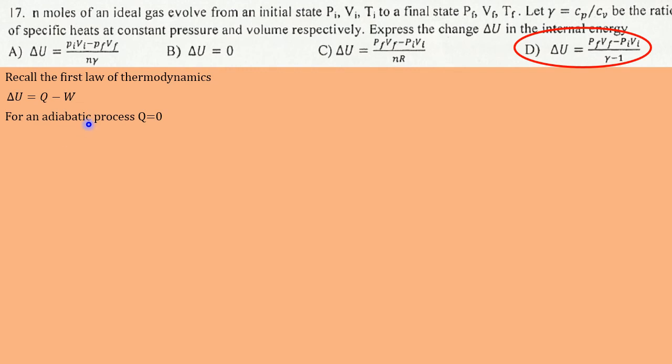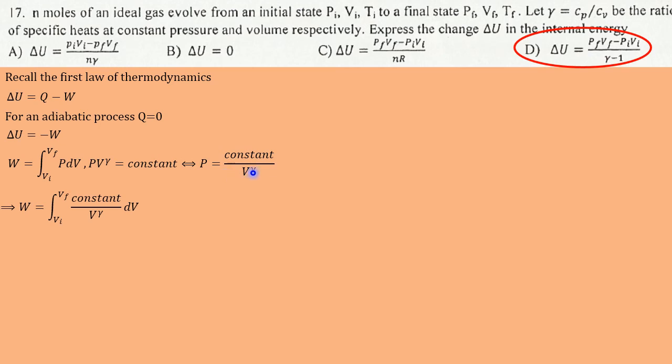Now this question is based on the set of questions we have just answered about the helium gas. We're told in that question, in the narration, that it's an adiabatic process, so there's no heat exchange between the system and the surrounding, so Q is actually 0, and we are left with delta U equals minus W. Now recall that the work is equal to the integral from V initial to V final of P dV, and for this case it's adiabatic, so we have P V raised to the gamma equal to a constant, if and only if P equals a constant divided by V raised to the gamma.